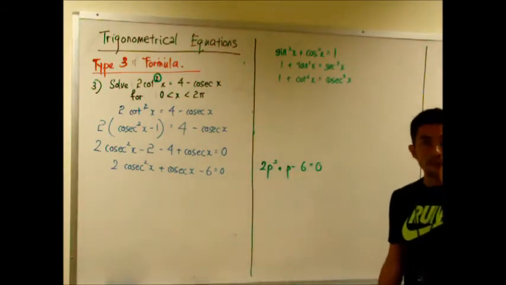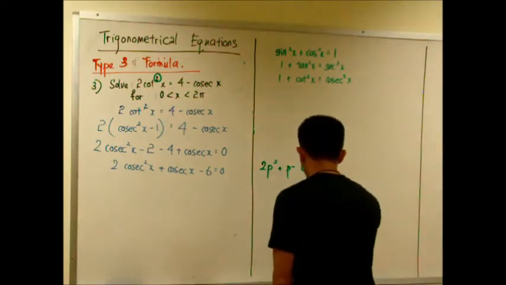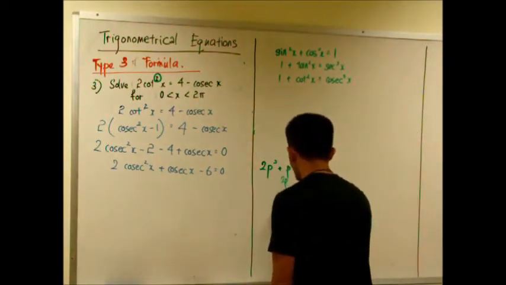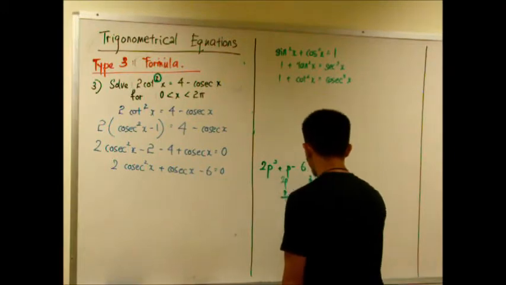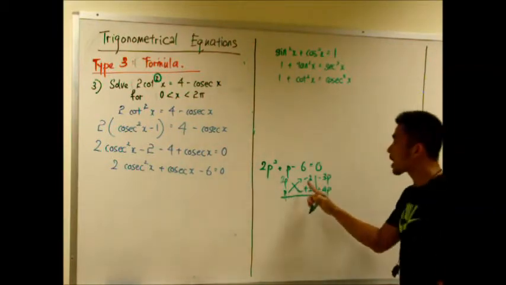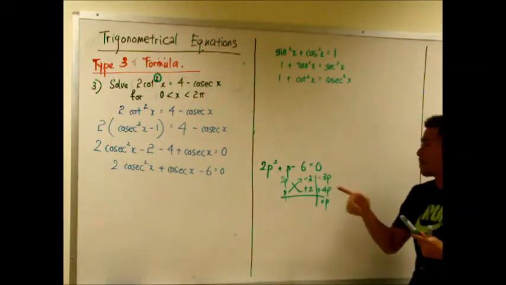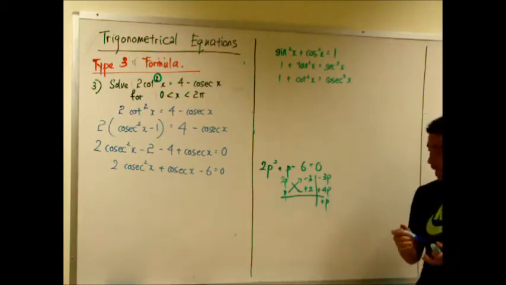And a quick factorization using trial and error. This is our result for trial and error, and remember, p represents cosecant.